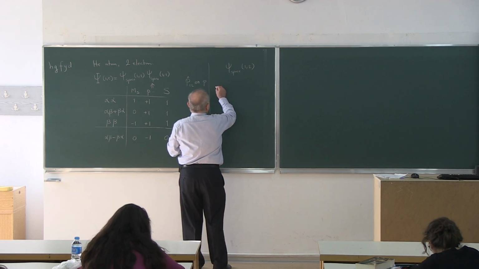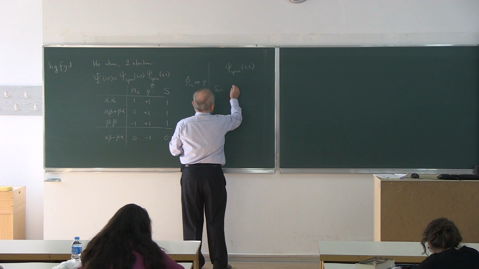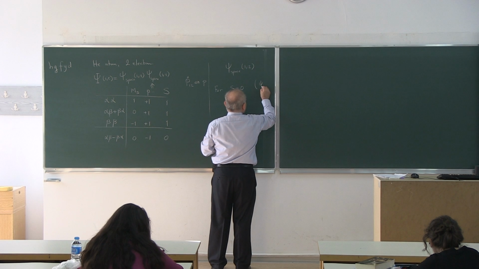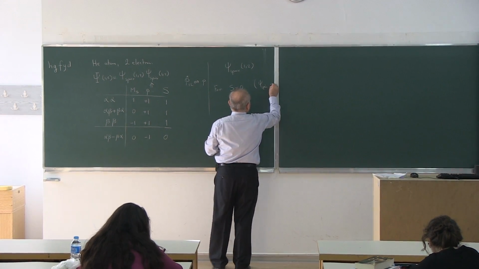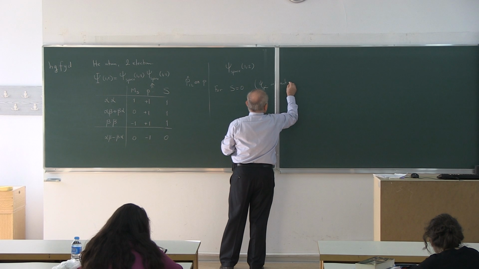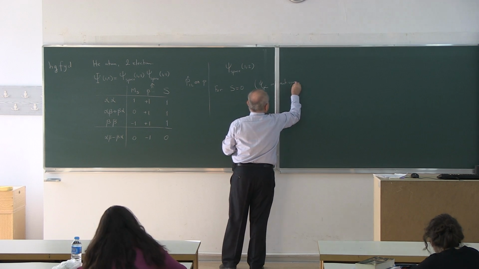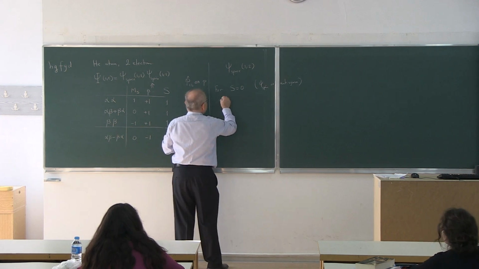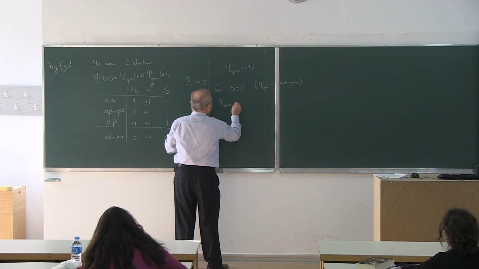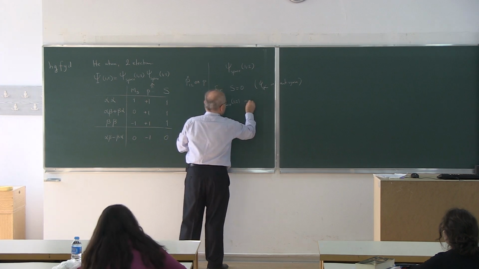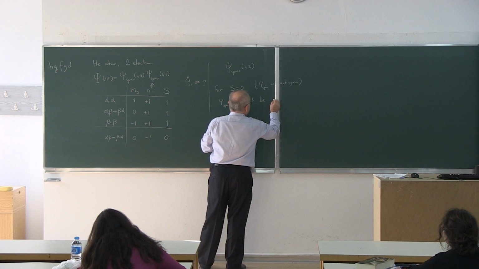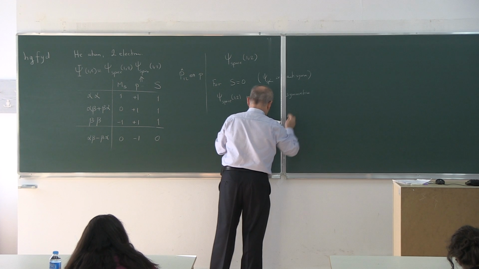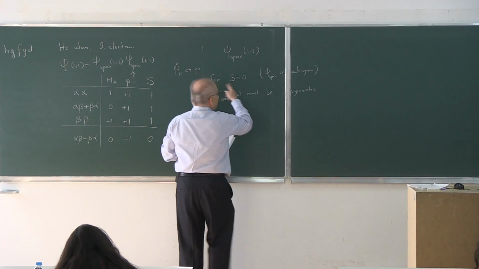So we can write for S equals 0, psi spin is antisymmetric, psi space must be symmetric in electron exchange.